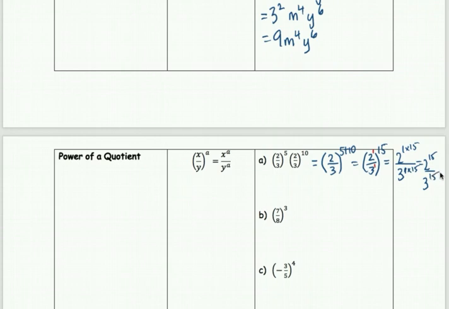And then you're going to divide those out. So 2 to the 15, you end up with a large number here. And then you have 3 to the 15.